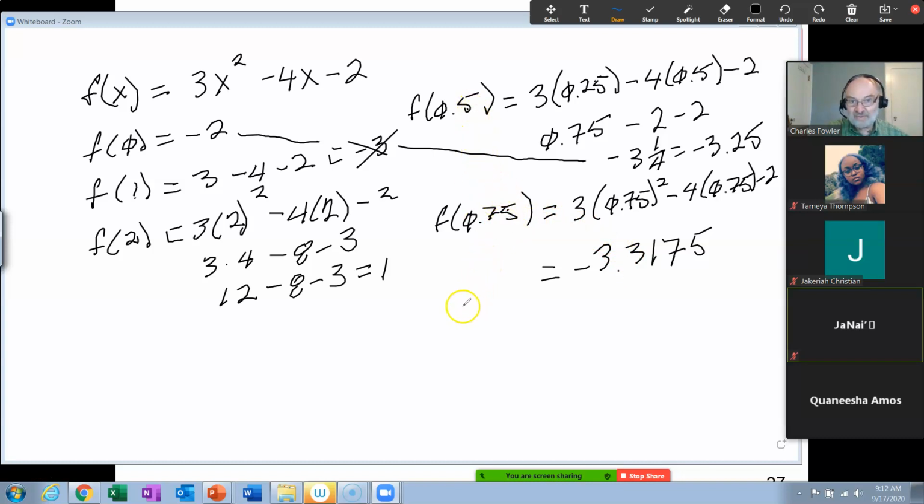So what do you want to do? 0.65? F of 0.65. And you can do this as long as you want to. That'll be 3 times 0.65 squared minus 4 times 0.65 minus 2.